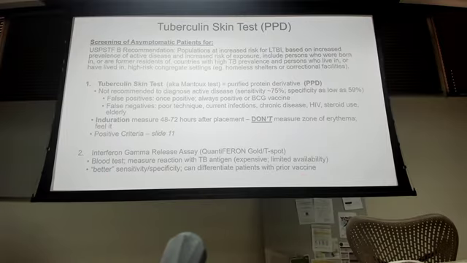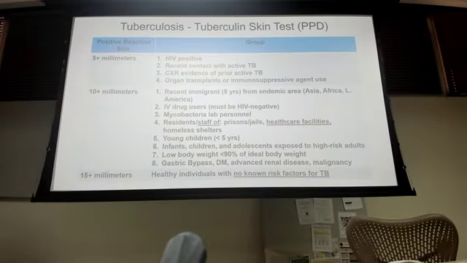But you're not going to do that for every patient. But have a general understanding of PPD and how that's going to affect your response when you're looking at your patients. If you have a vignette that says, hey, IV drug user, no known HIV, you gave PPD, is this size, along those lines.